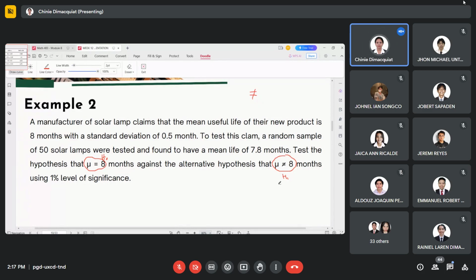So, yun nga, given na yung ating null and alternative hypothesis. And proceed tayo sa step 2. Using 1% level of significance, yung ating alpha ay 1% or 0.01.